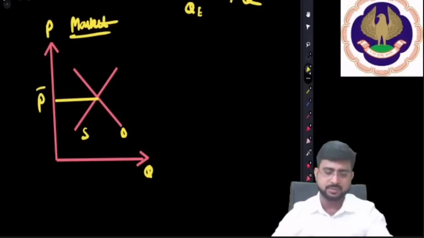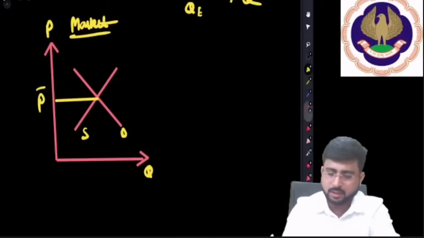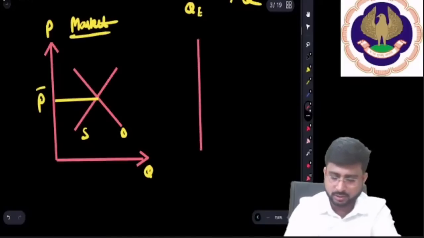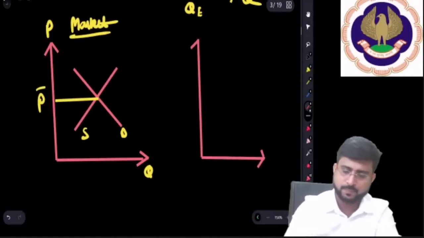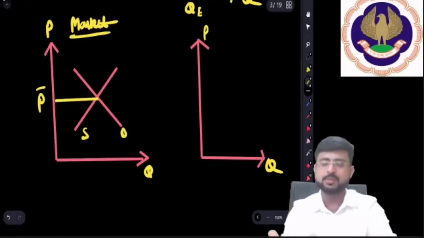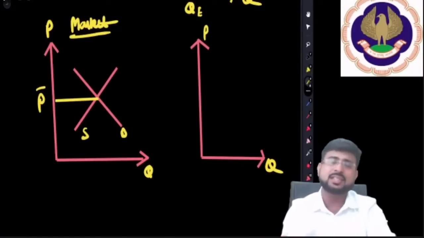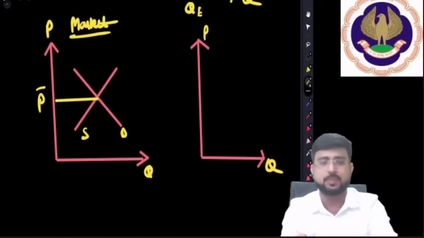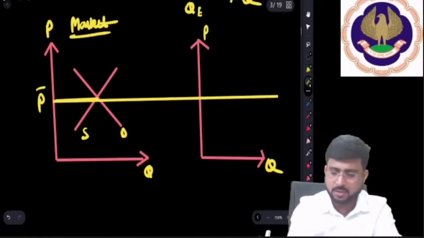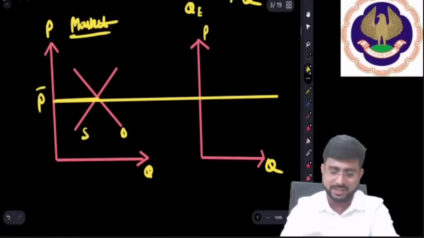Meaning that, just have a look. Pay attention, everyone. Here it is price, here it is quantity. So the price that will be charged in the market by each seller. No seller will charge a different price. So this is the price determined by the individual seller.